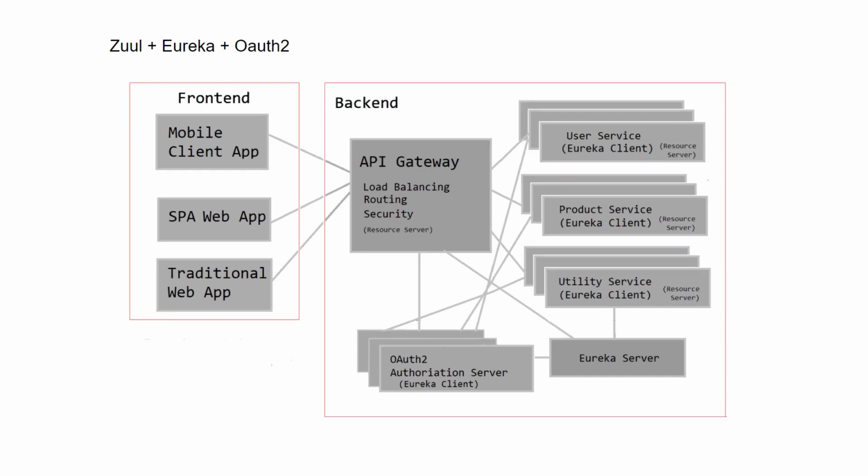We can do that by turning this API gateway application into a resource server and configuring the HTTP security in the resource server so that all the requests to the authorization server will be forwarded by default to the authorization server, and any request to the backend services will be verified with this authorization server before being forwarded. So we can go back to the Zuul application and configure this HTTP security.